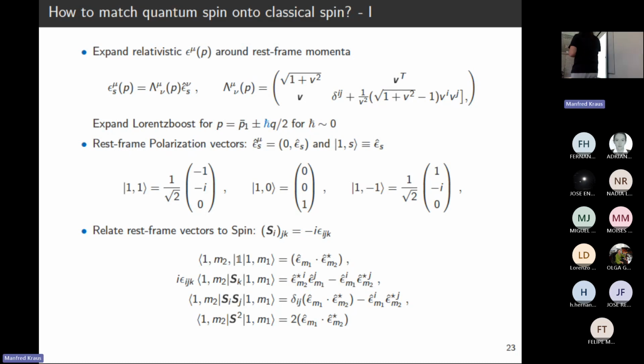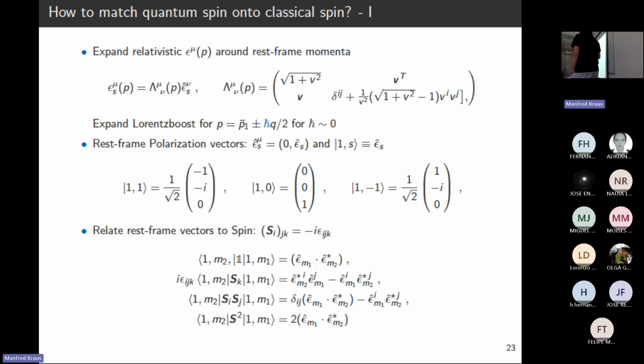So you can write down this Lorentz boost that brings it from the rest frame to some arbitrary momentum P. So now all of the h bar dependence sits in this Lorentz boost. And now you simply expand this thing.